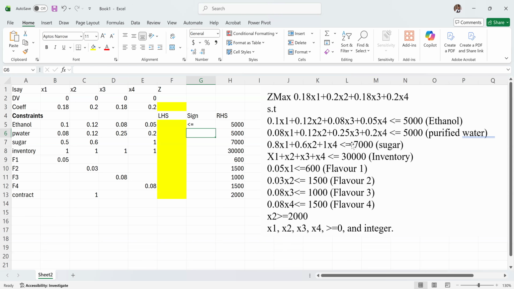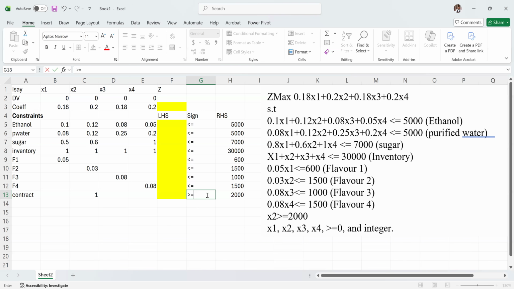The third one, the fourth, the fifth, the sixth, the seventh, and the eighth are all less than or equal to. It is only the ninth that is greater than or equal to. So you can drag all of them and keep it like that. And then for the ninth one, type greater than, and then you add equal to.